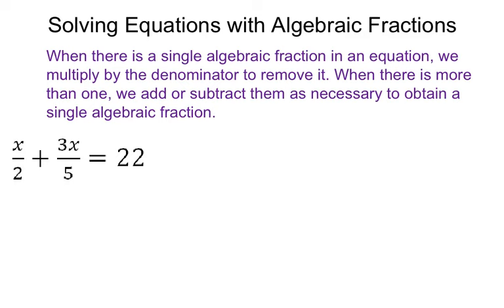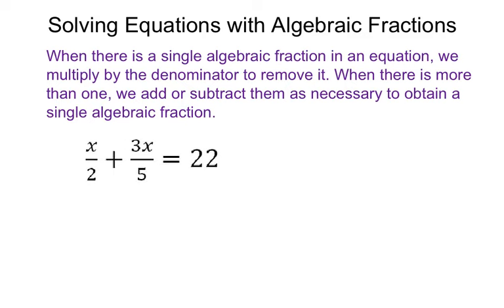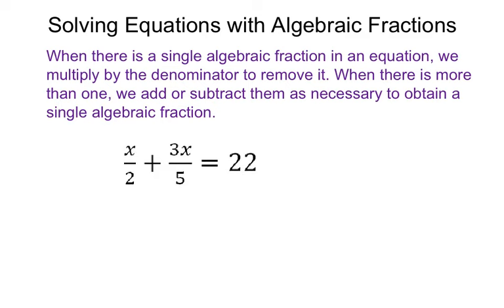In this one we have two algebraic fractions being added together. So the first thing we have to do is combine those algebraic fractions. So let's move this over here a little bit, and what we're going to do is get a common denominator, which in this case is going to be 10.